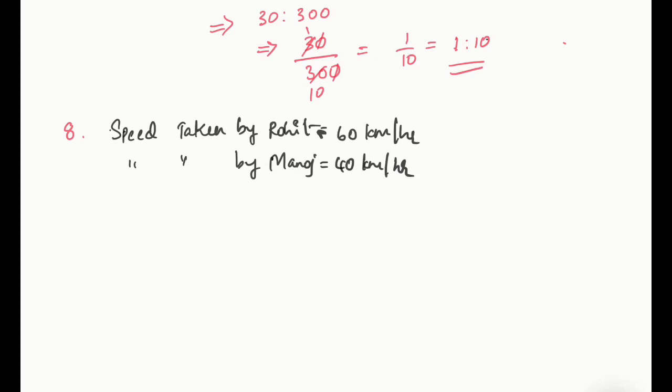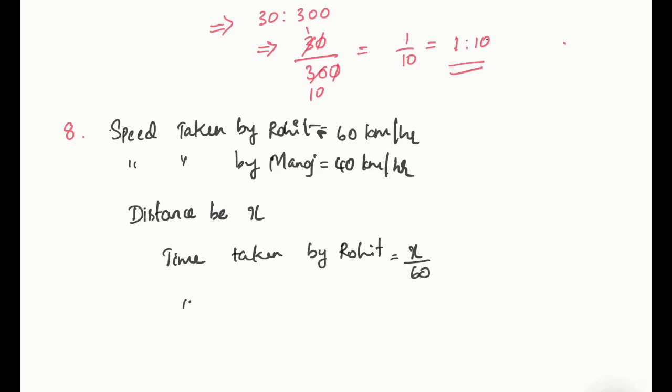So, the distance taken by them is the same, right? So, we can let the distance be x. What will be the time taken by Rohit? Distance by speed is equal to time, right?